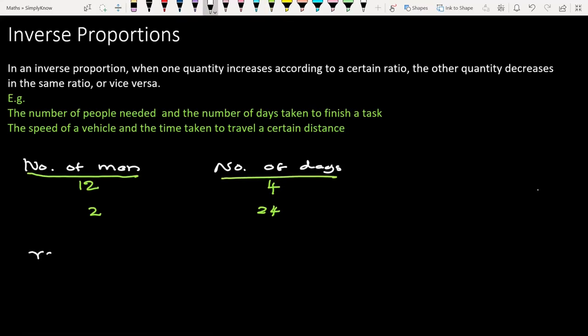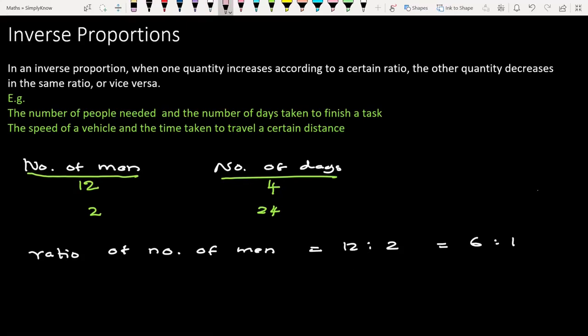Now, what is the ratio of number of men? It's 12 to 2. If we further simplify this ratio, if you divide both terms by 2, you will get 6 to 1 ratio.